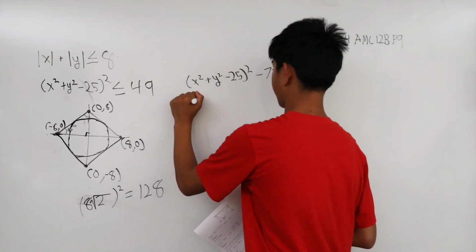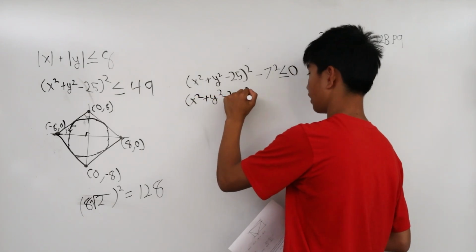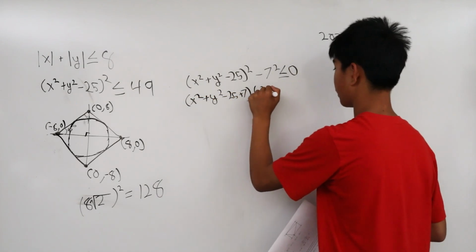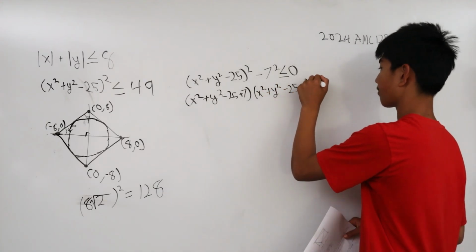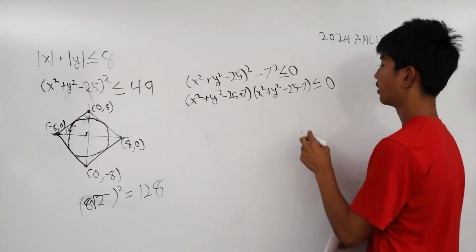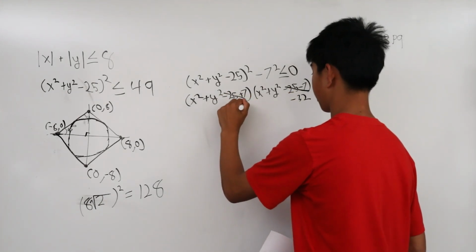So x squared plus y squared minus 25 plus 7 times x squared plus y squared minus 25 minus 7 is less than or equal to 0. And this is going to be negative 32, and this is going to be negative 18.